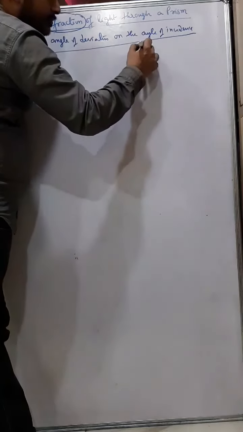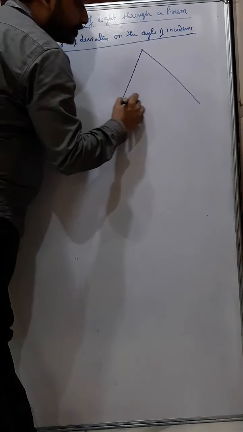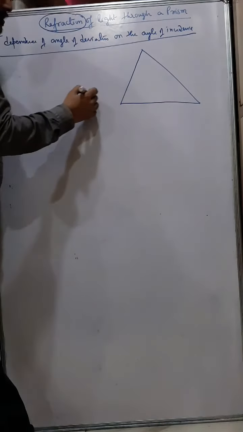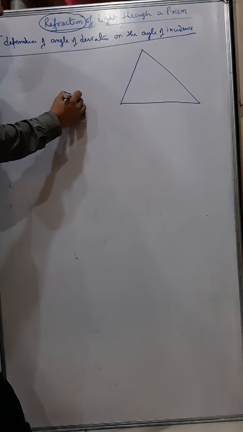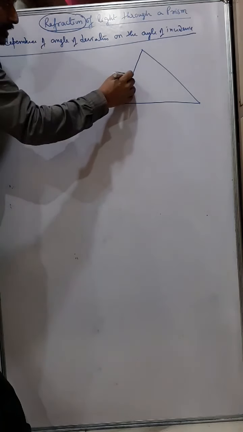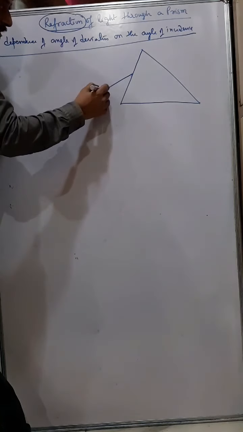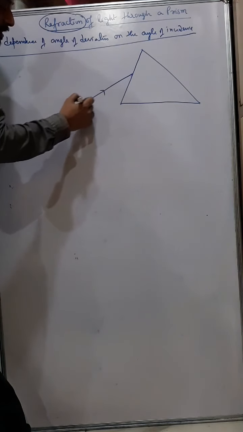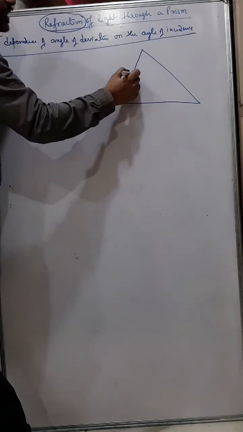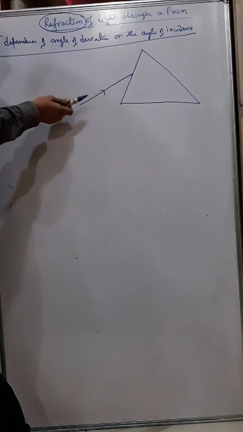Okay, again let us repeat the diagram. Now suppose here is a source of light, say a source of monochromatic light, say a laser light. You have seen that laser torch.